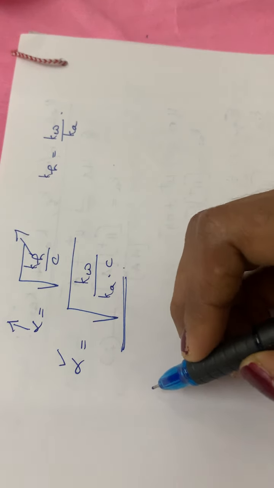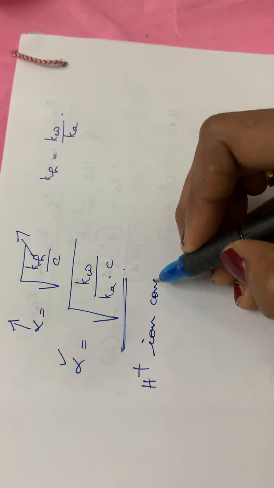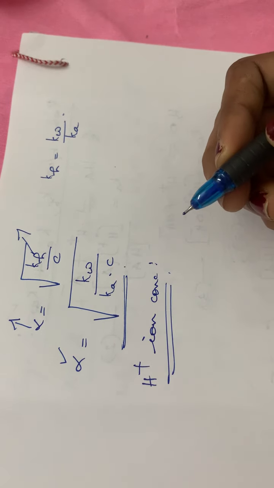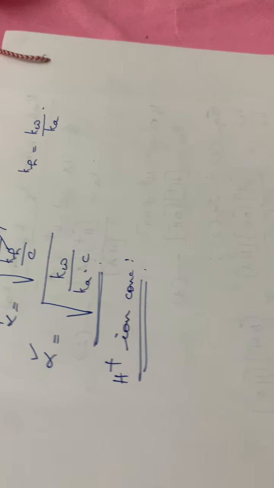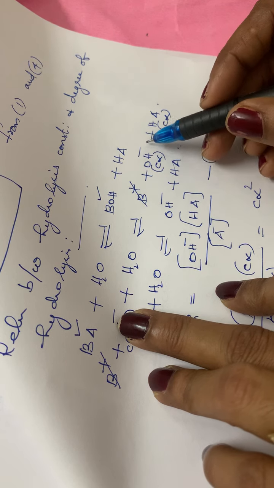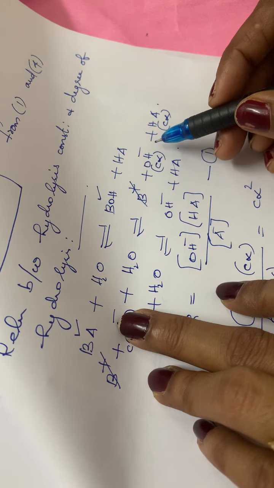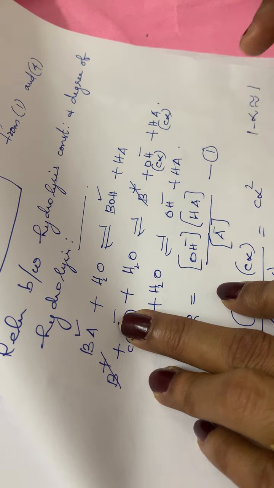Then the next one is to find the H plus ion concentration. Here it is a strong base, so in this equation we will have only OH minus. So first you have to find the OH minus ion concentration, and from that we can calculate the H plus ion concentration.